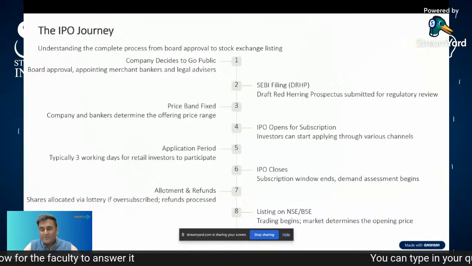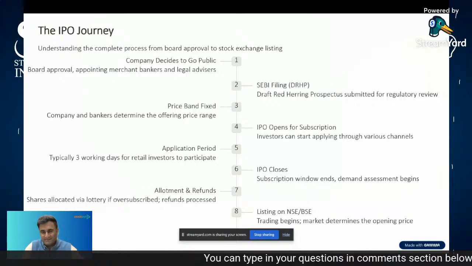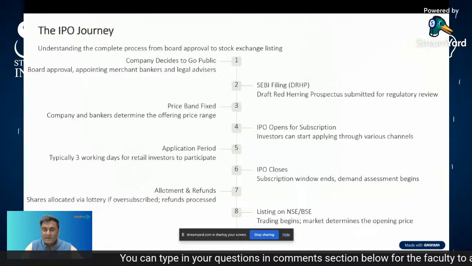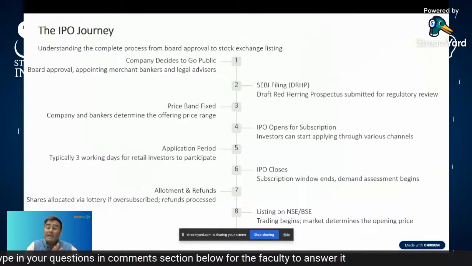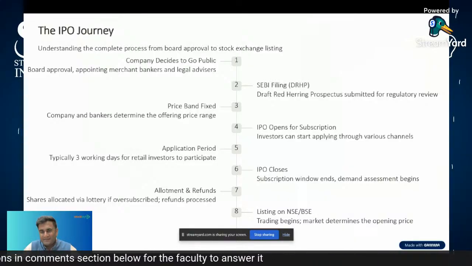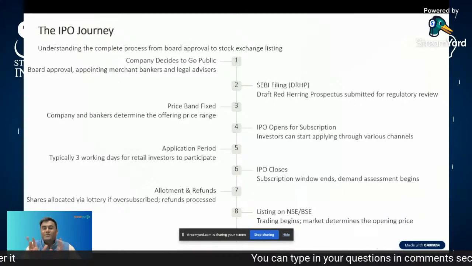The IPO subscription is accepted on PAN card basis. Okay, so one subscription will be accepted per PAN card. So don't try to apply from different accounts of your own name.